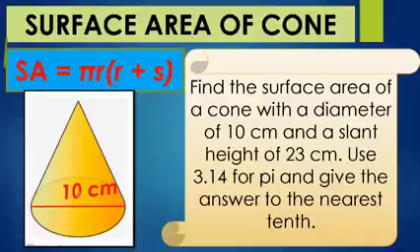Okay? So ano kaya yung kinalaman ng diameter pagdating sa radius? Kasi kung titignan natin yung equation natin for the surface area of a cone, involved is radius. Okay? Pero yung given natin is diameter. So, paano natin kukunin yung radius out of diameter? And another given is the slant height of 23 centimeters.